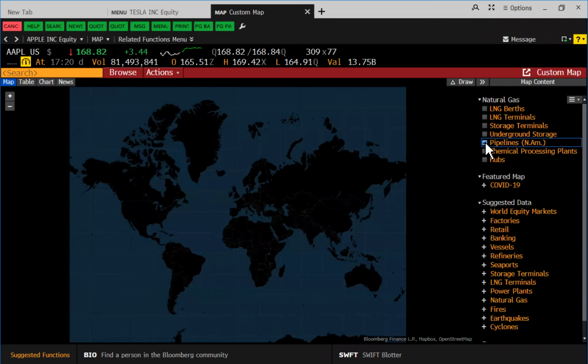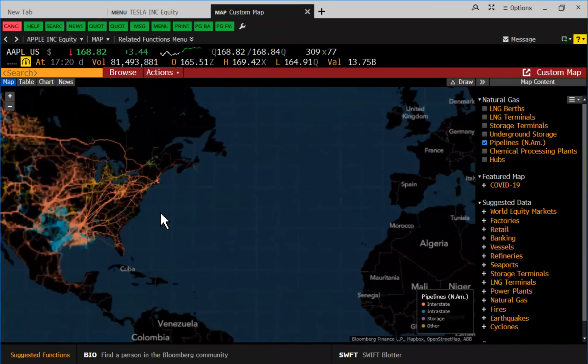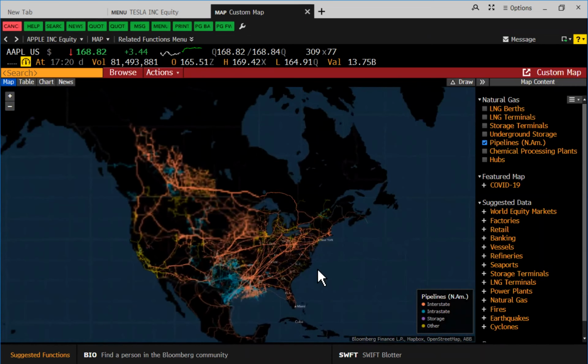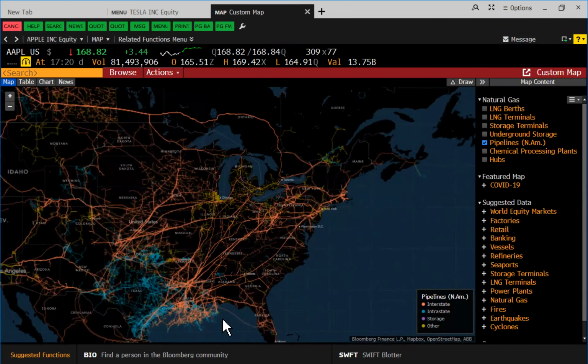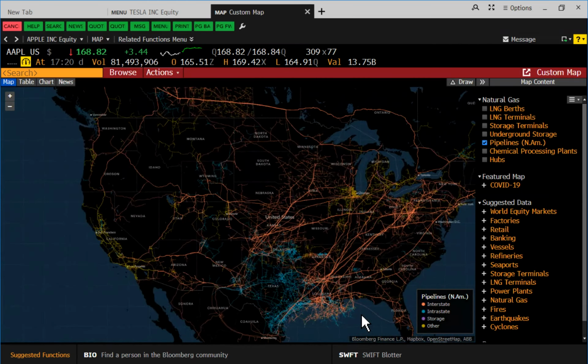So I'm going to do pipeline, for the North America region. Okay, and then you can see the busiest area is around the Texas area, supplying the whole North American region.